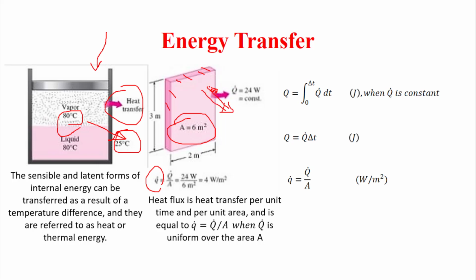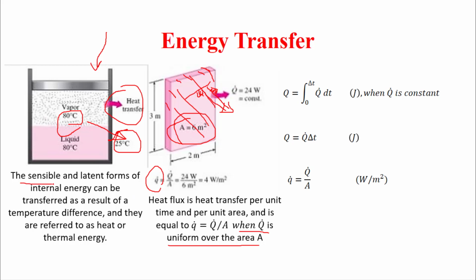So if we are talking about this surface, then this is 2 multiplied by 3. So Q is uniform over the area, at each single point on this area.